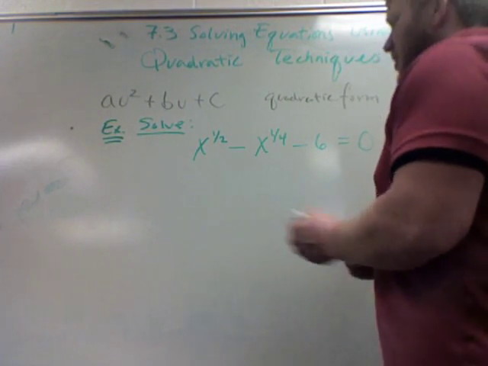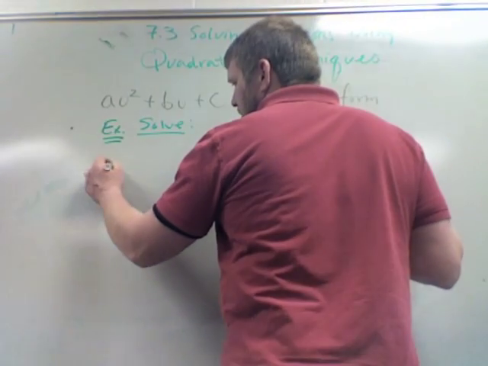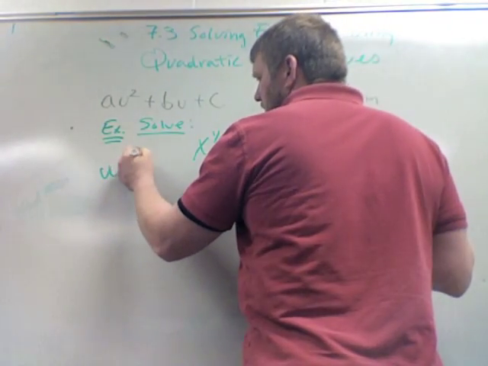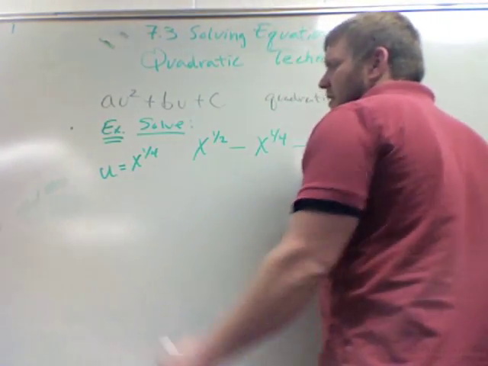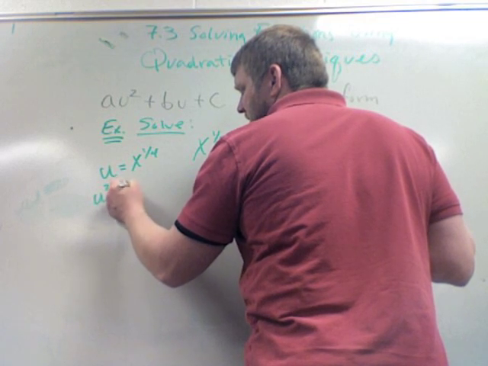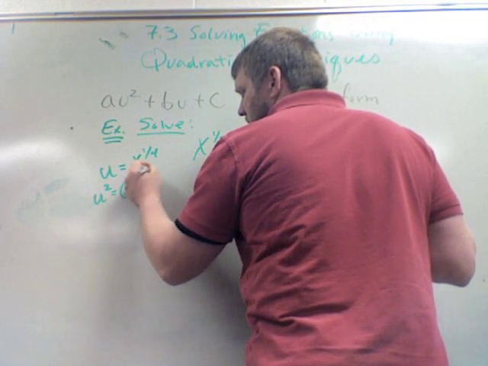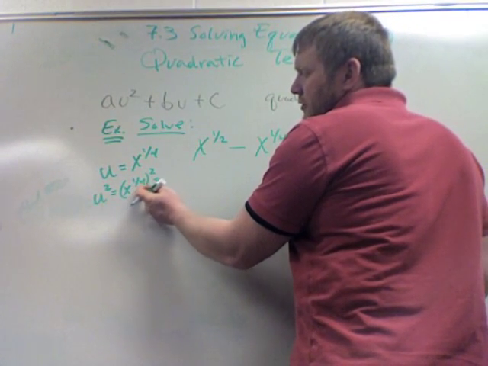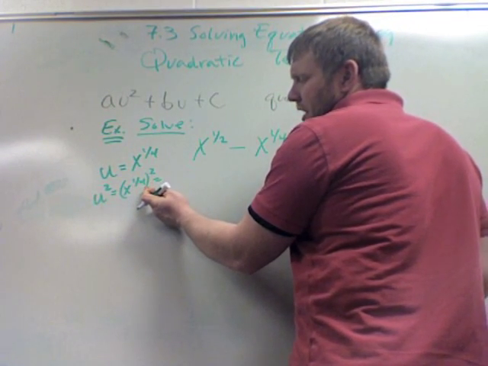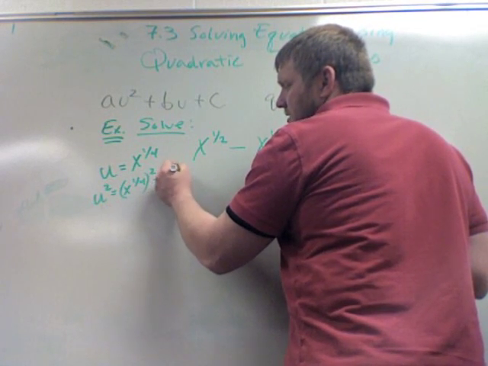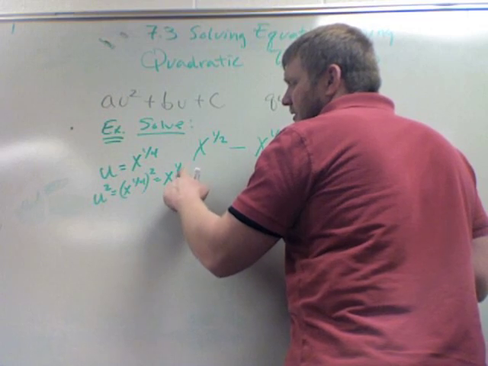In this case, we let u equal x to the 1/4, and then u squared is x to the 1/4 squared. When I take a power of a power, I multiply: 1/4 times 2 is 1/2, so I do get x to the 1/2 here.